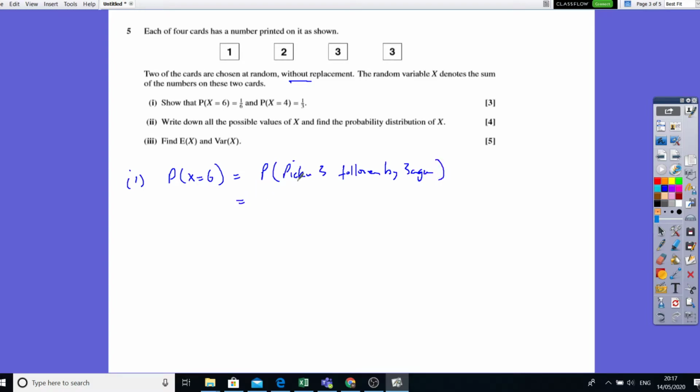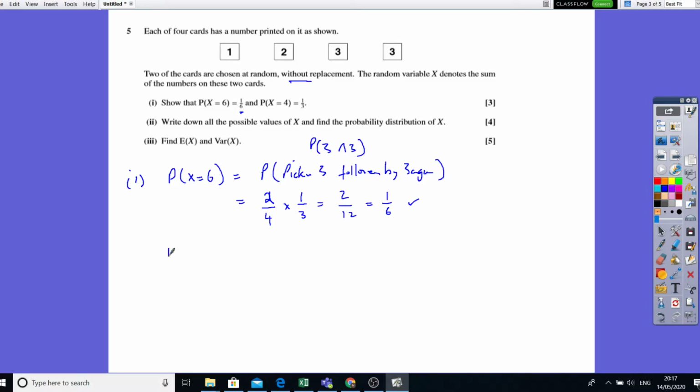So the probability of picking a 3 and a 3: the first 3 is going to be 2 out of 4. And then you've picked one of the 3s, so there's only 1 3 left out of, since one of the cards is gone, 3 cards left. So it's 2 times 1 is 2, 4 times 3 is 12, which gives me 1/6. And that's what was required, so that's done.